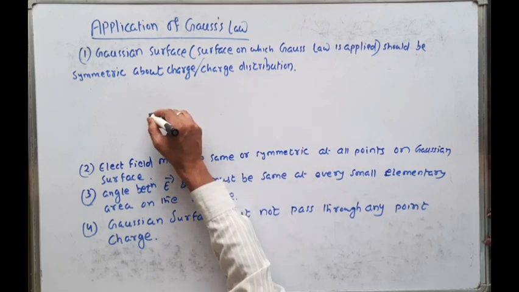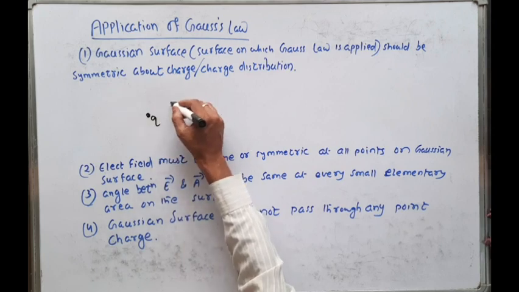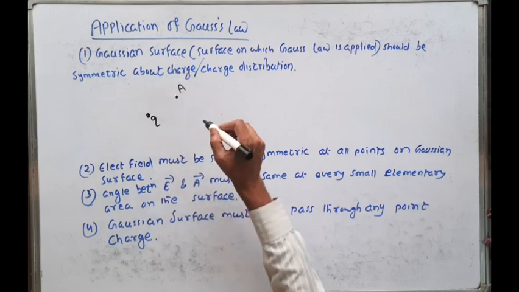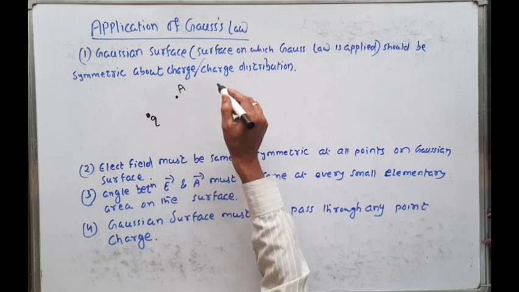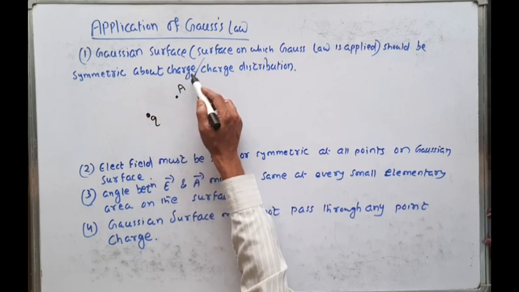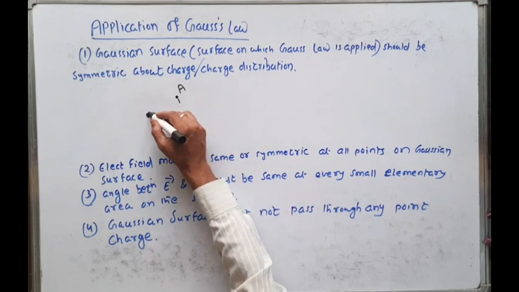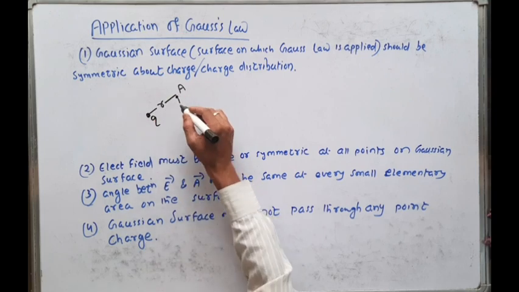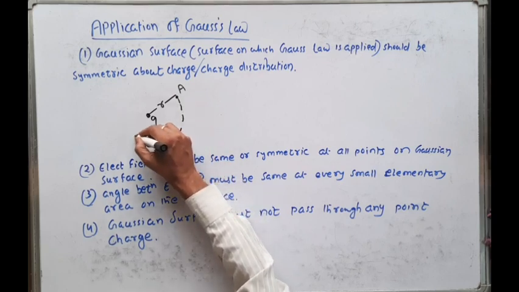Let us say, suppose there is a point charge. I have to find the electric field intensity at point A using which law? Gauss law. So what will we do? We will take a Gaussian surface, that is an imaginary surface. That surface must be symmetric about the charge or charge distribution. Suppose the distance between this charge and this point A is r. So what I will do is draw an imaginary sphere, not a circle.